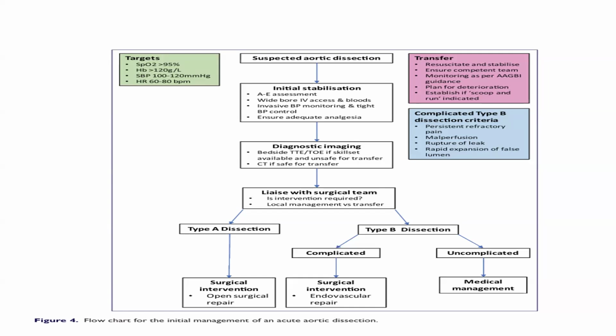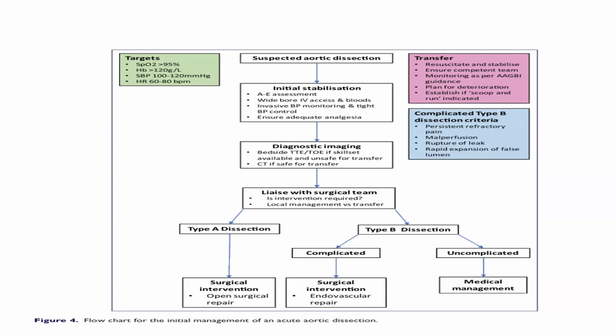Then communicate with the surgical team whether intervention is required or not. If the dissection is type A, then we have to go for surgical management. If type B dissection, if it is complicated, surgical management. If it is uncomplicated, medical management.